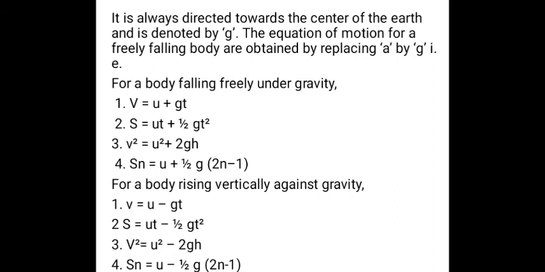And the third equation v square is equal to u square plus 2as, with a replaced by minus g, becomes v square is equal to u square minus 2gh.